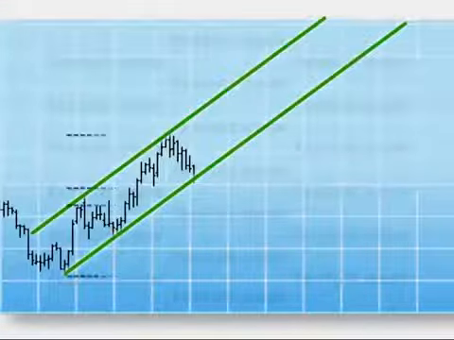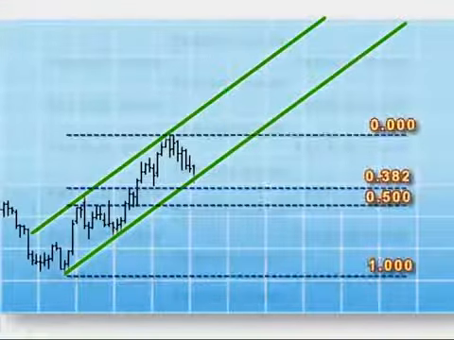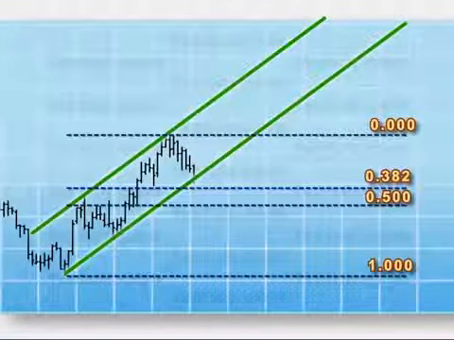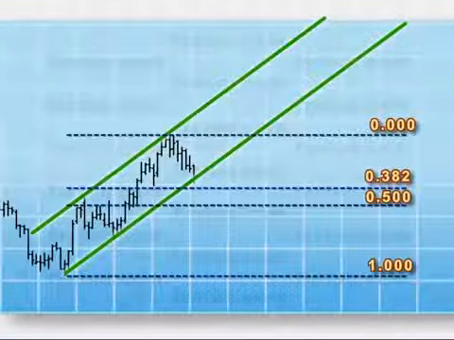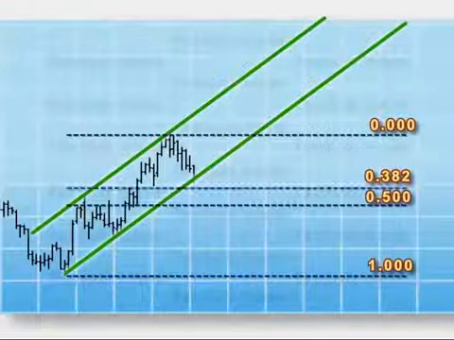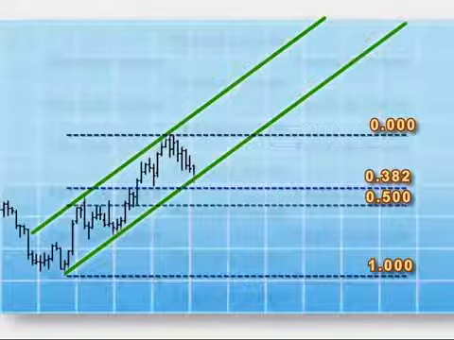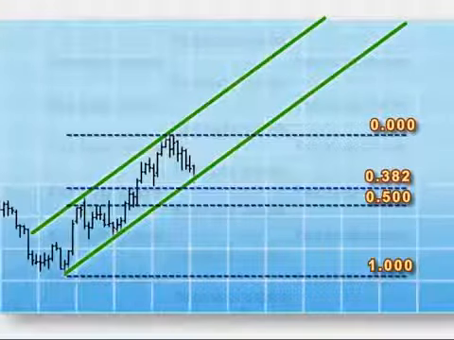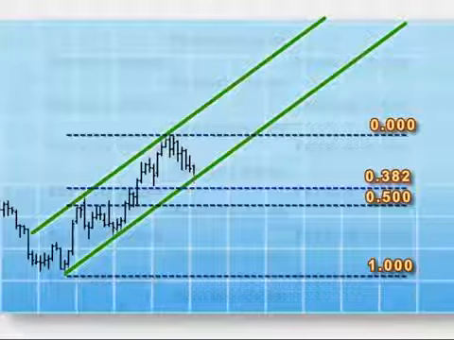Remember our work with channel lines in Chart Analysis 1, okay? Check this out. When price breaks out on a trend line, the correction will come to a halt either at Fibonacci level 0.382 or 0.5. We've got a little piece of the future in our hands right now.